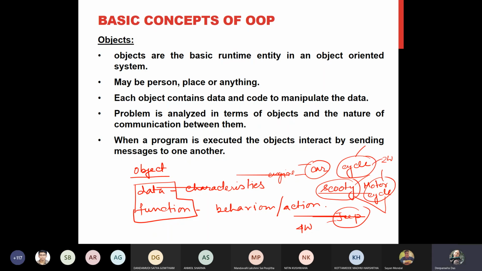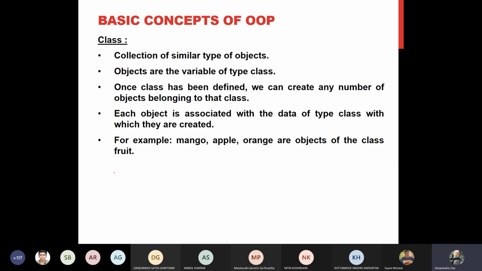Say for example, if I write int a, b, c. So what are they? Variables. Which type of variable? Integer variable. So can we say a, b, c are variables of type int? We can say this.